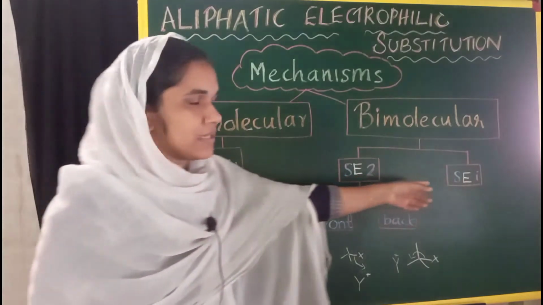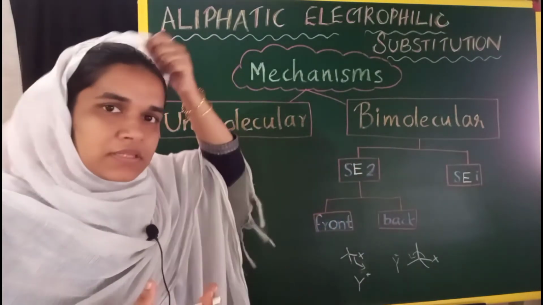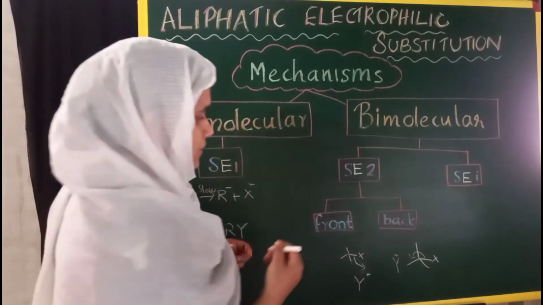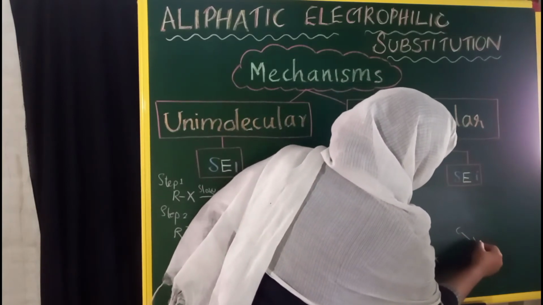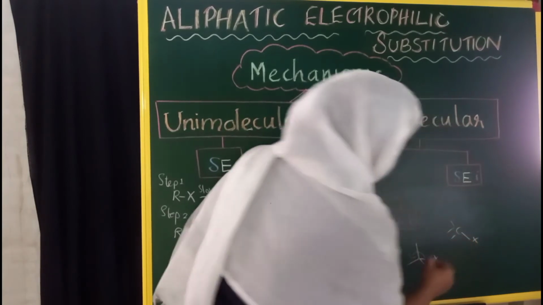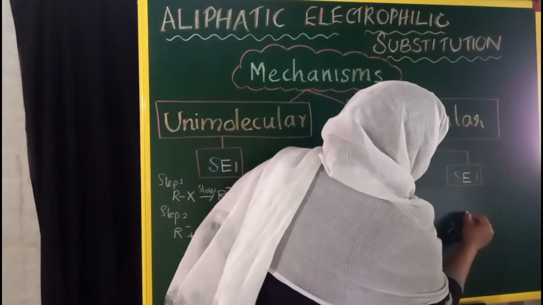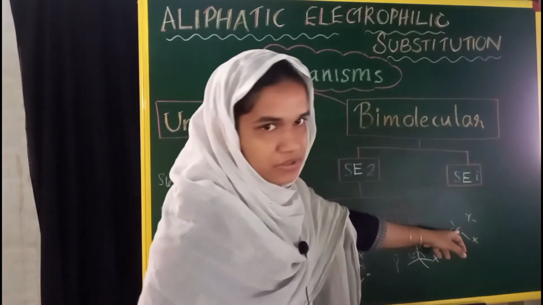In the case of the SEi mechanism, a part of the electrophile attaches to the leaving group. This part of the electrophile will assist in the removal of the leaving group. Let Y be attached over here.